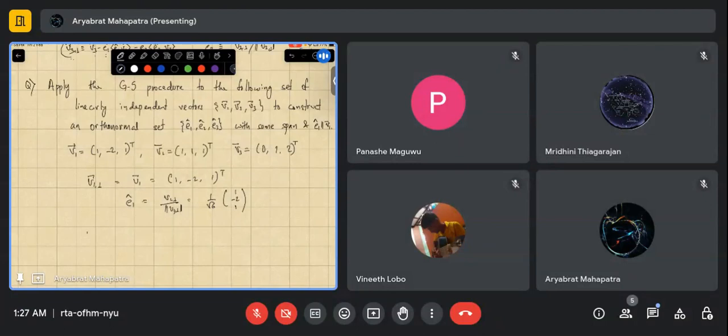For E2, I first have to determine V2 perpendicular.